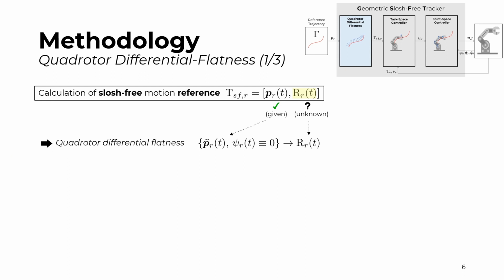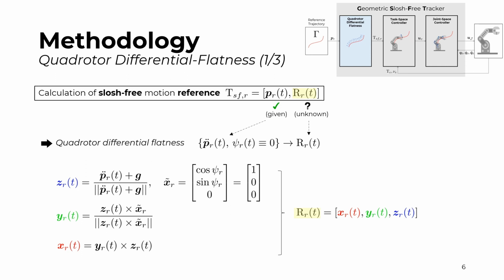In the first stage, we assume that the end-effector exactly tracks the geometric reference while mimicking the motions of a quadrotor. This allows us to leverage the quadrotor's differential flatness to calculate slosh-free orientation references. This means that we only require the acceleration of the reference trajectory and a yaw reference, which we fix to 0, to calculate an orientation whose motions are guaranteed to be slosh-free.